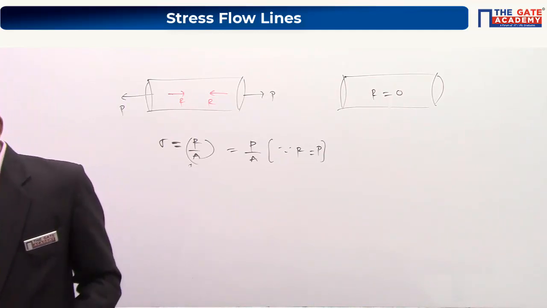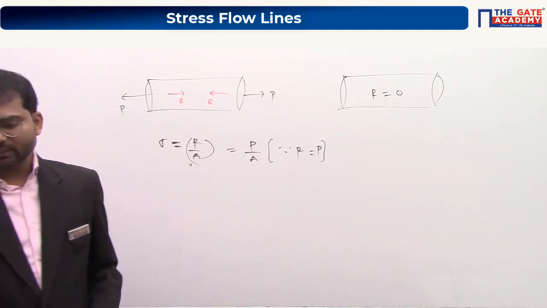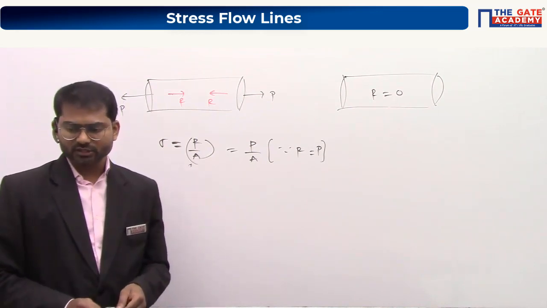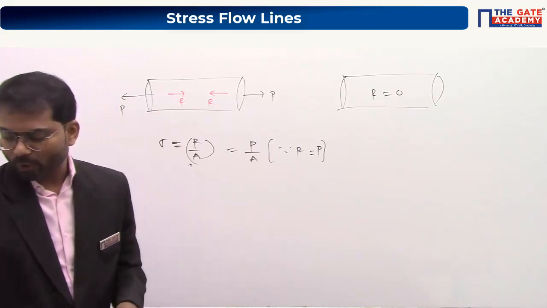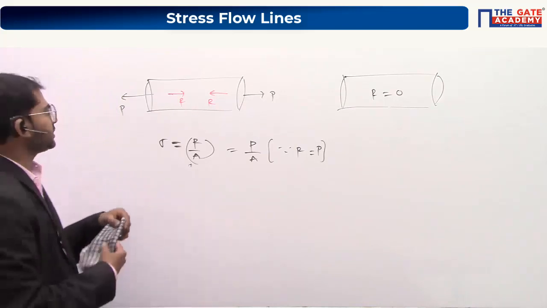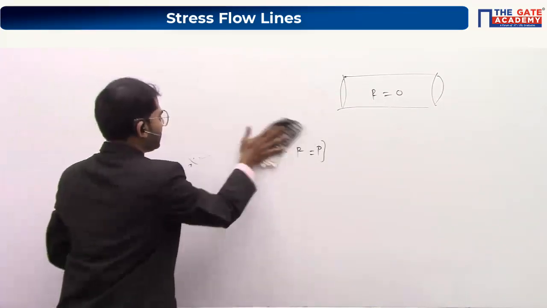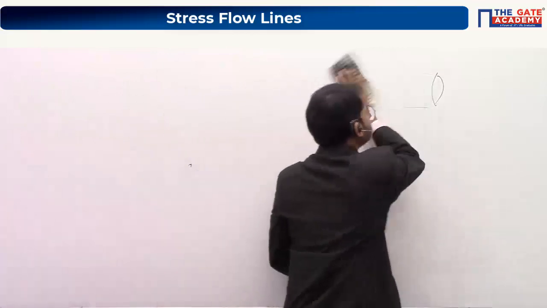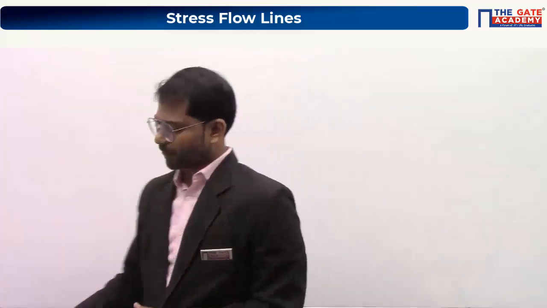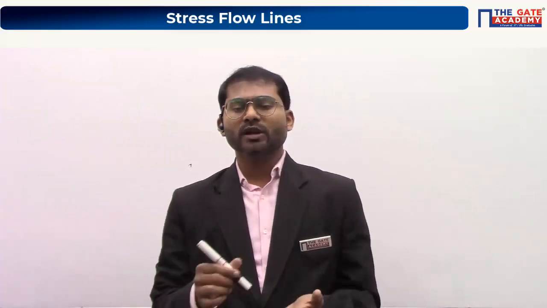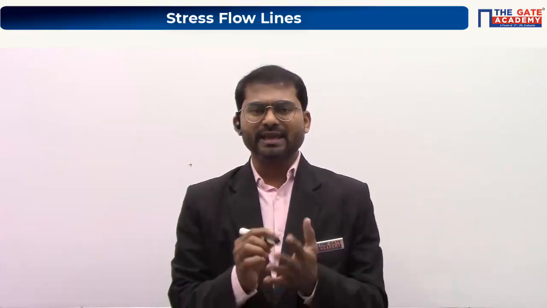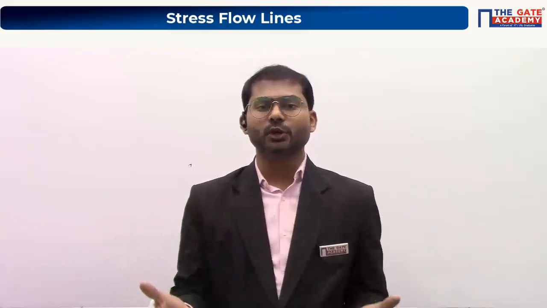We have understood that discontinuities, changes in cross-section area, will cause stress concentration. Now let's see how point loads also cause stress concentration. There is nothing much to study here. Point loads mean the load is acting at a point, or basically the area of cross-section is almost tending towards 0.